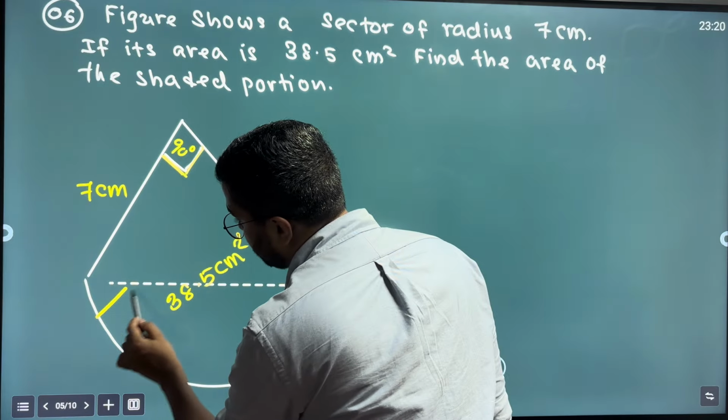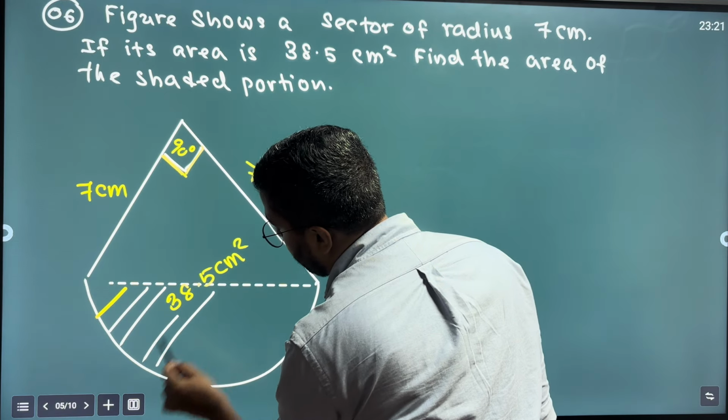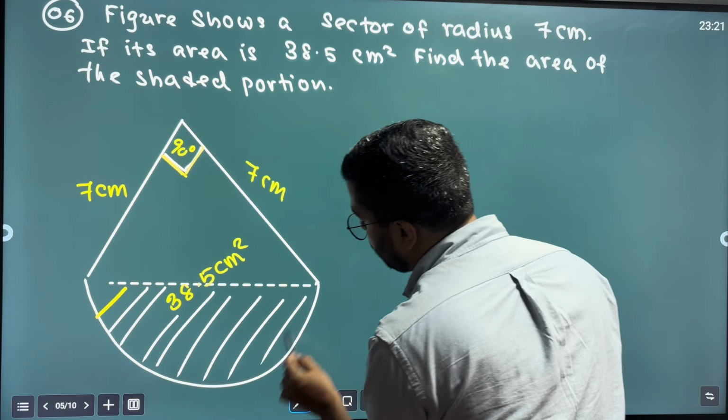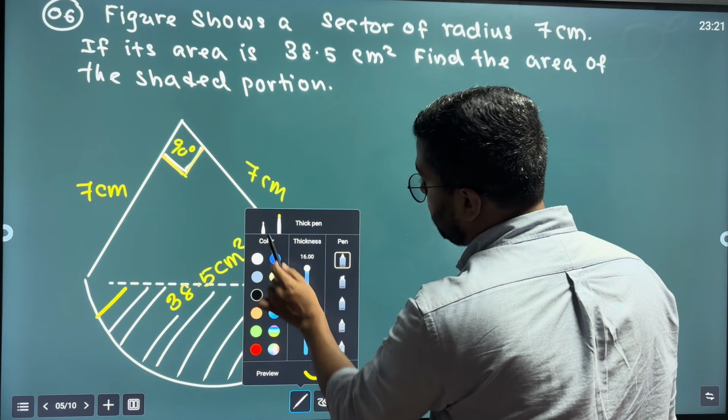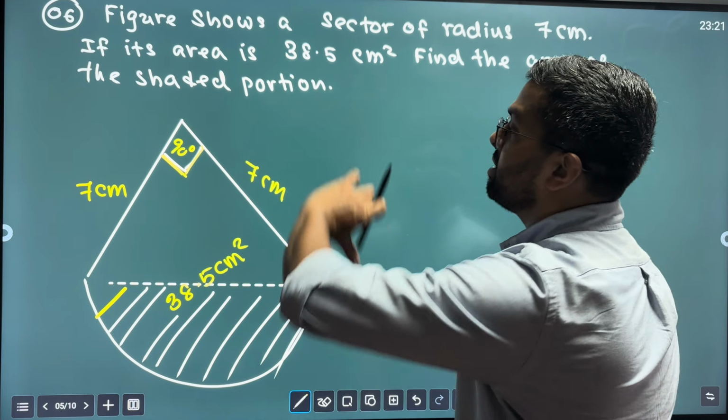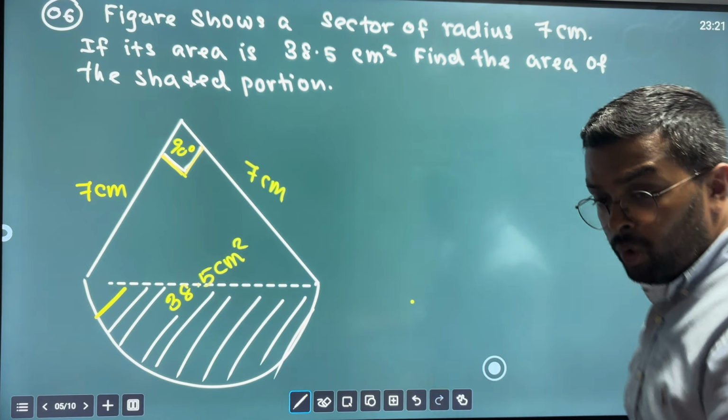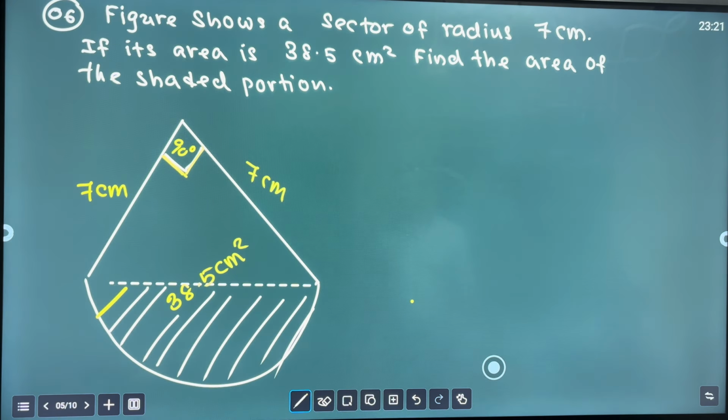This is the shaded portion. Asking us to find out the area of the shaded portion, right? The area of the sector is given as 38.5 square centimeters. Asking us to find the area of the shaded part.